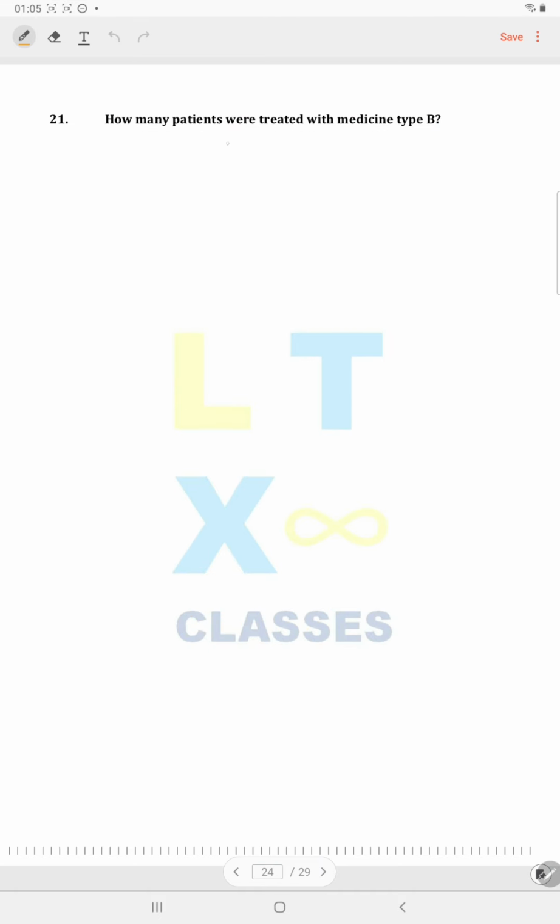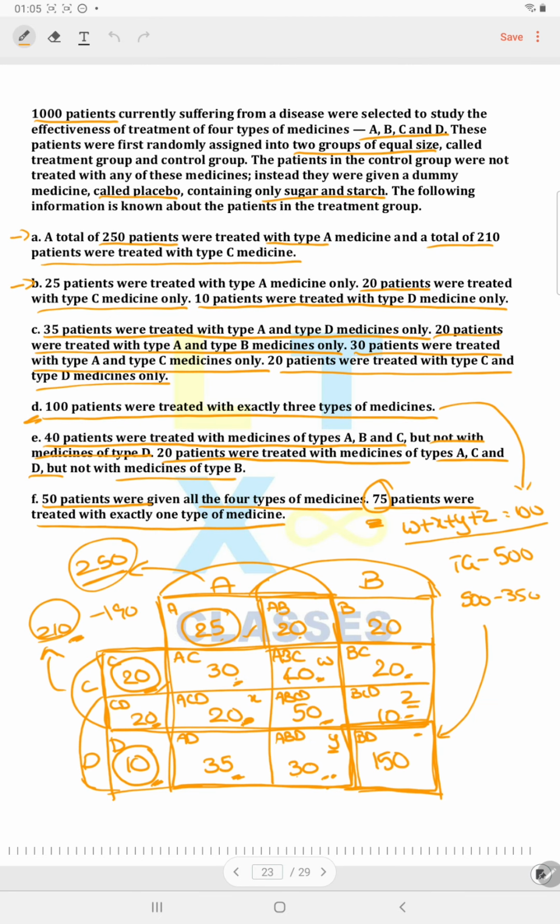First question, how many patients were treated with medicine type B? Total medicine type B is all of this, correct? So the summation of all these numbers in the 8 cells should give the answer, which is 20 plus 20 is 40, 80, 100, 150, 160, 190, 340.